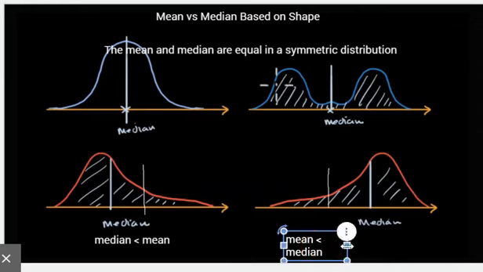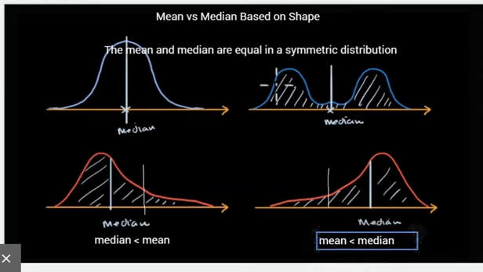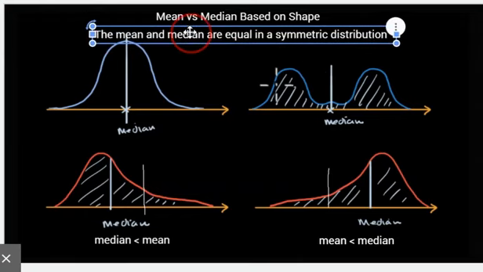So the shape of a distribution can give us an idea of the relationship between the mean and the median. If we have a symmetric distribution, the mean and the median are equal to each other. If it's skewed to the right or positively skewed, the mean is going to be greater than the median. But if it is skewed left or negatively skewed, the mean is going to get pulled towards the tail and the mean is less than the median.